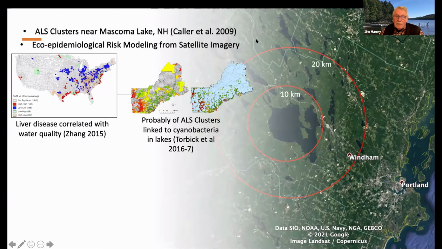Just to back up a little bit as to where we went from what we learned so far, in 2007, and then later we published some of this in 2009, there was a report of a high incidence of ALS, amyotrophic lateral sclerosis, around a lake in New Hampshire called Lake Mascoma.